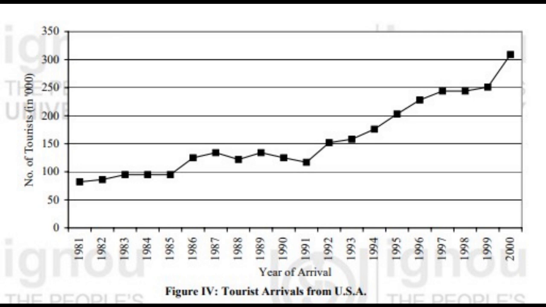The growth registered during 2000 was 22.8% over the year 1999. The arrivals grew from 82,052 in 1981 to 309,309 in 2000 at a compound growth rate of about 7.2% per annum.